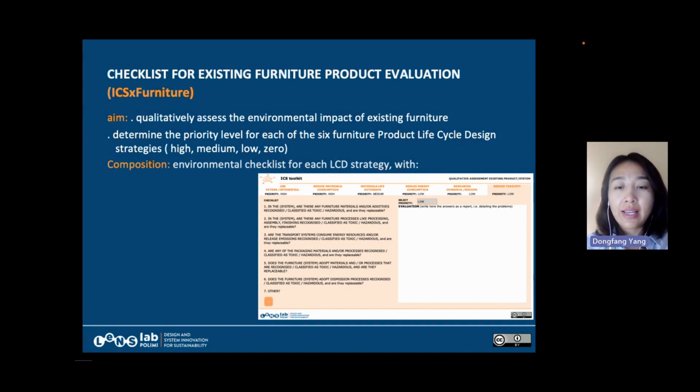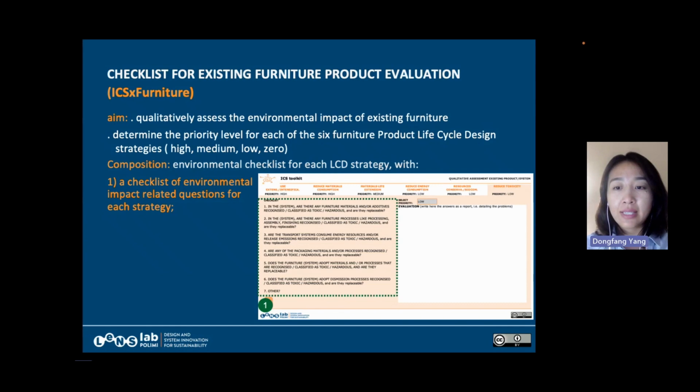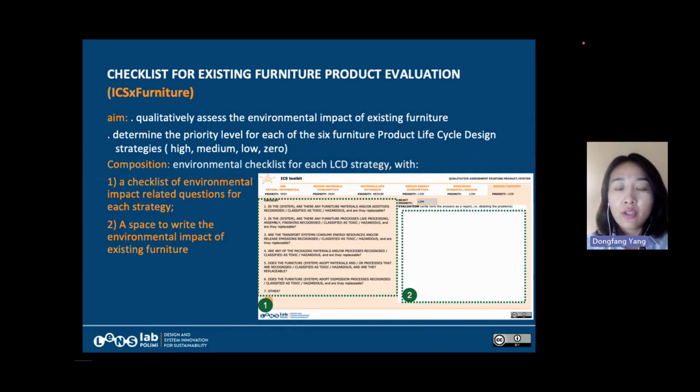So firstly, let me explain the tool's components. For each checklist, you will find a set of environmental impact related questions for that specific strategy. You can write down the environmental impact of your existing furniture in the space provided.